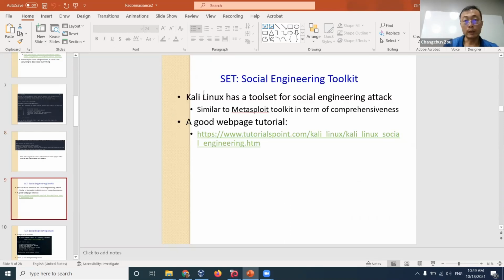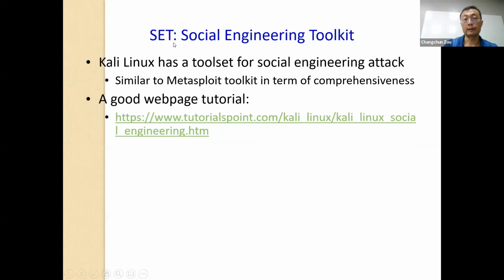That's why there is another software tool, which is SET, the Social Engineering Toolkit. One of the functions in this toolkit is to create a clone website. In addition, it has another function: whenever a user types in a username and password on those web pages via the POST command, this software will record this information to a data file.